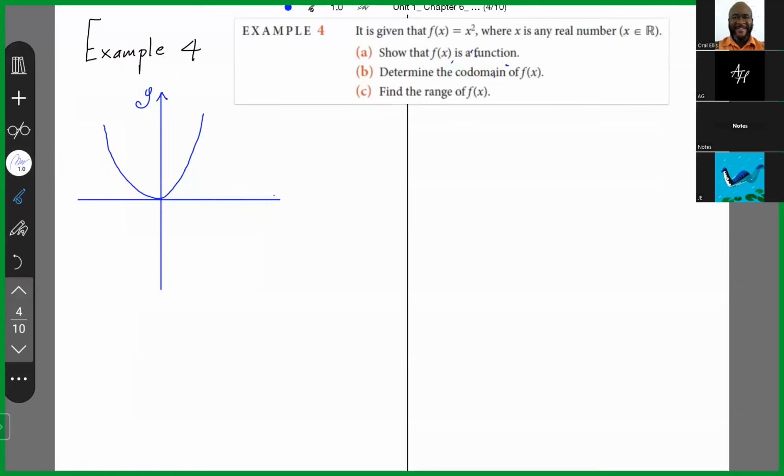So the graph of f of x is equal to x squared would look something like this. Now, you must have an appreciation of what this graph will look like.